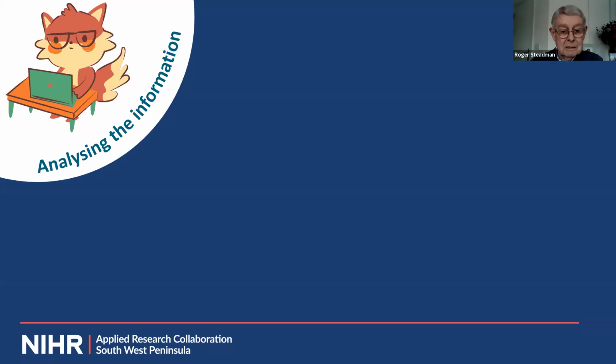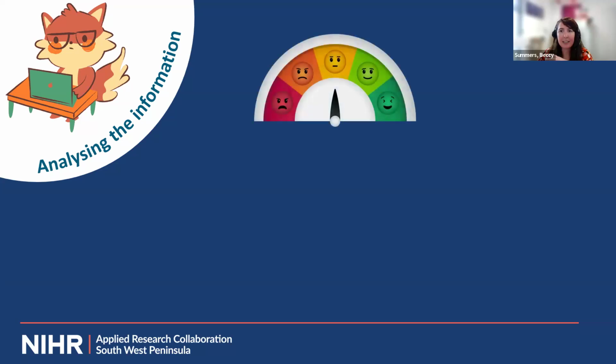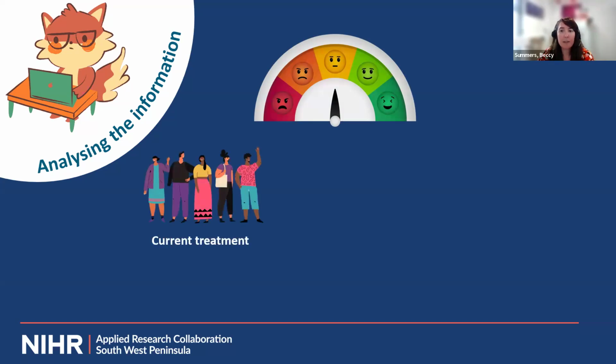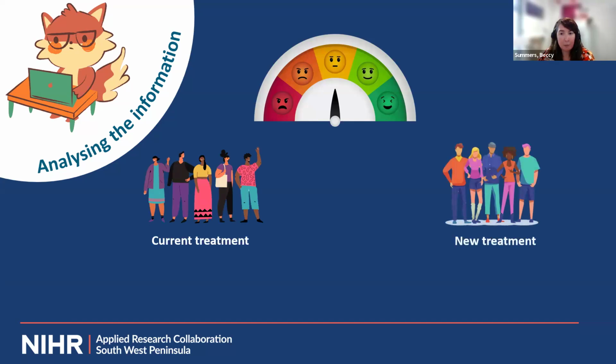So if we think back to that pain management example that we looked at, and if we'd been collecting people's pain rating from groups of patients that received the current treatment for 12 months and the pain ratings from the group that had the new treatment for 12 months, by comparing the difference in people's pain between those two groups, we can actually interpret and figure out which medication is working better at managing people's pain.